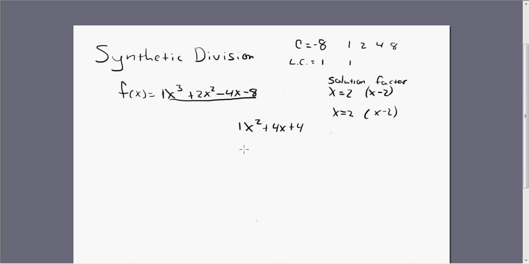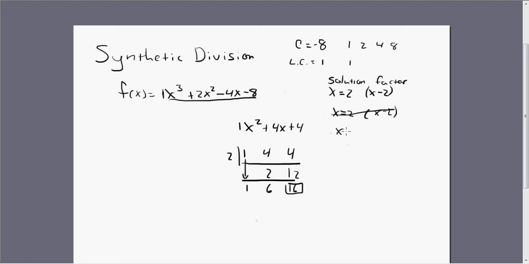The coefficients are 1, 4, and 4, and I'm going to divide by 2, and like I said, the 1 comes down freebie. 1 times 2 is 2, 4 plus 2 is 6, 2 times 6 is 12, and I get a remainder of 16. Well, that is not a factor, so I'm going to get rid of that.